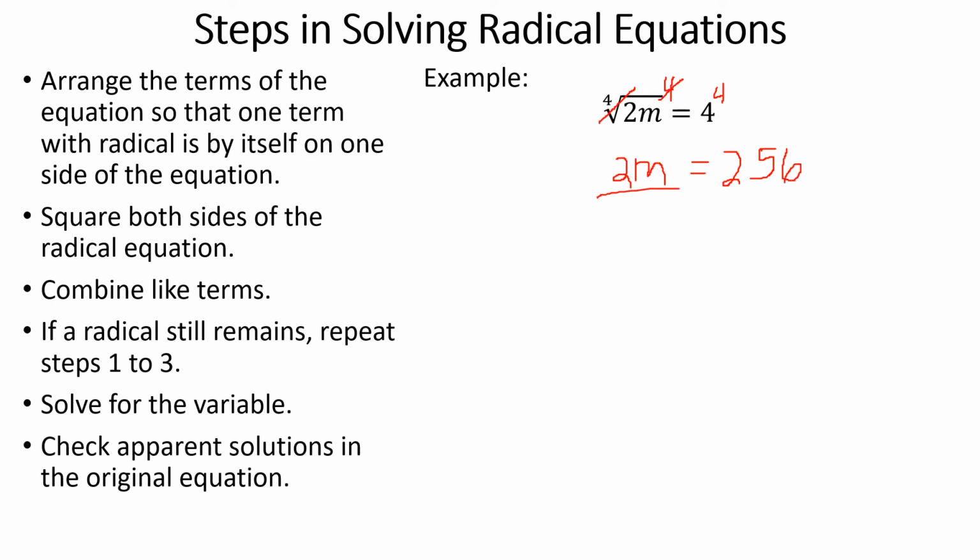So, divide both sides by 2 in order to solve for the variable. Cancel out po natin yan. And m is equivalent to, okay, 128. Sorry. So, m equals 128.